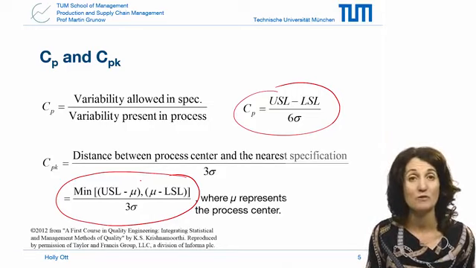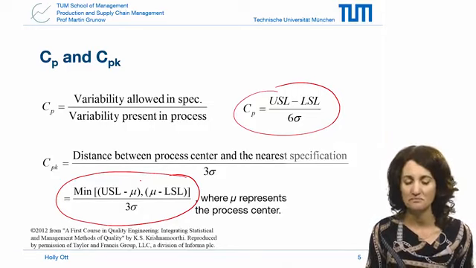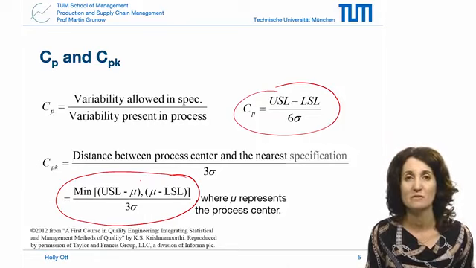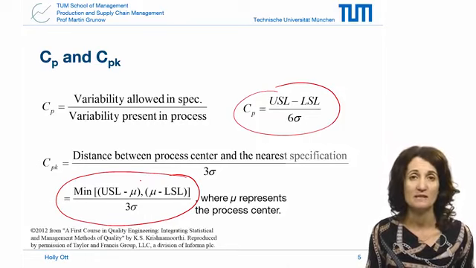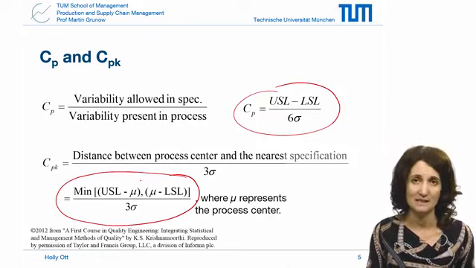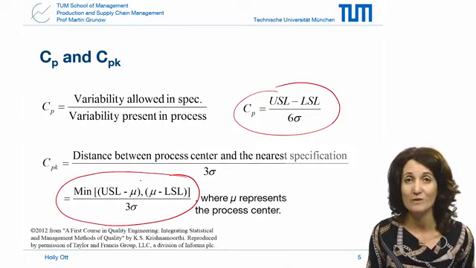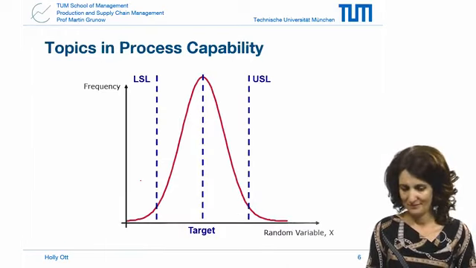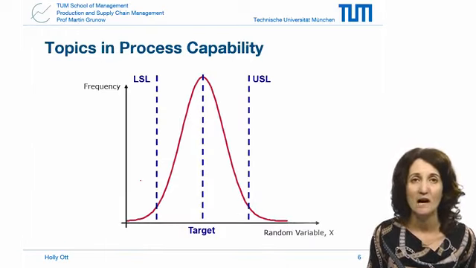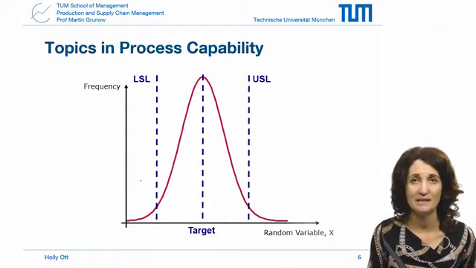So we said CPK was more powerful than CP, but what is missing from both of these two capability indices? How many of you have already figured it out? What is missing here? Our CP and CPK indices do not include the target.